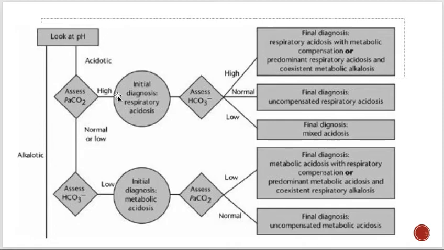So that's why we look for compensation. As I told you before, the body always attempts to compensate the pH abnormality, and it is highly regulated. So respiratory compensation occurs whenever the problem is in the metabolic pathway, and metabolic compensation occurs whenever the problem is in the lungs or the respiratory pathway.